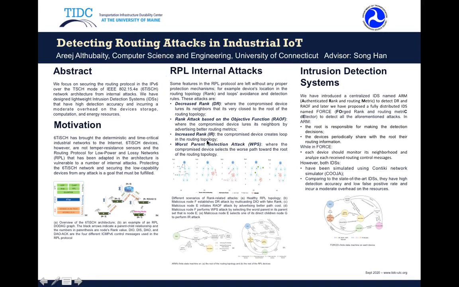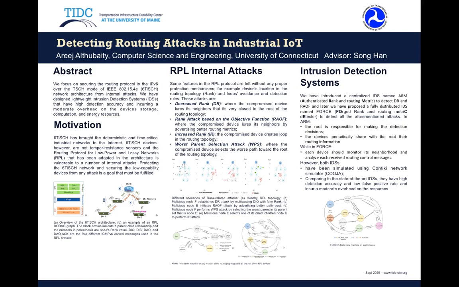The third attack is the increased rank attack, where the compromised device creates a loop, where rather than selecting a better parent, it selects its child. In the last attack, we have the worst parent selection attack. It is against the objective function, so the compromised device selects the worst path toward the root rather than the best path.